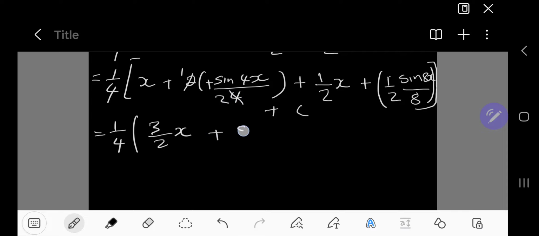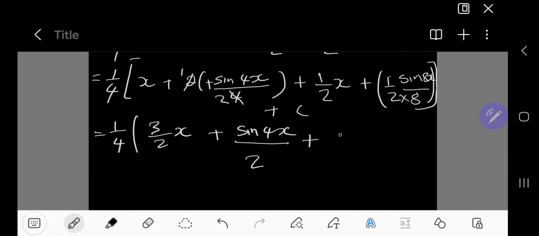So I'd have plus sine 4x divided by 2. And plus here we would have 16, 2 times 8 is 16.